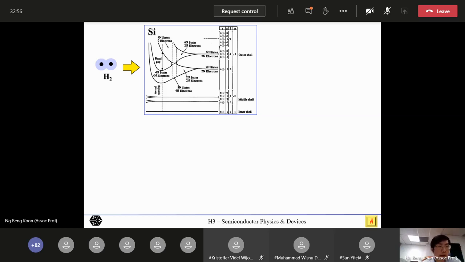By the same mechanism, when you put a lot of silicon atoms together to form the crystal, the band structure itself would split in order to accommodate this large collection of silicon atoms with a lot of electrons sharing the same state. So in order to accommodate it, they have to split. As a result, the initial discrete levels for a single atom now split, and you get this upper band and the lower band.